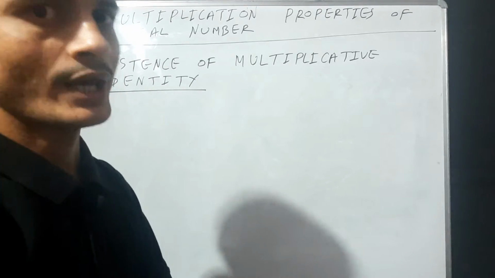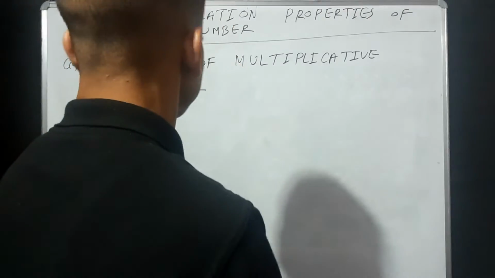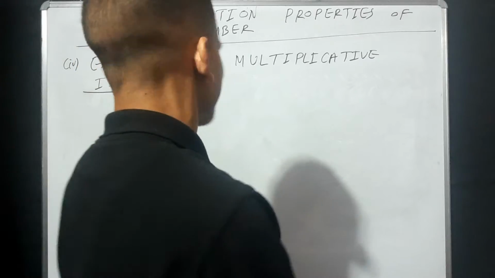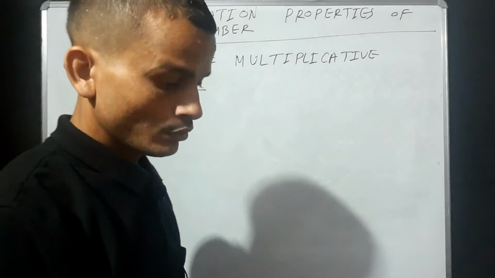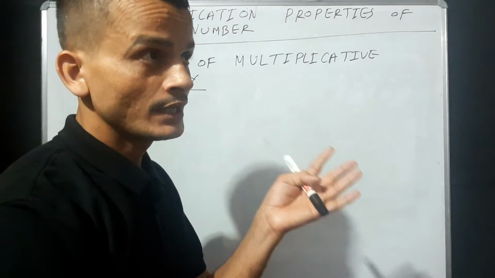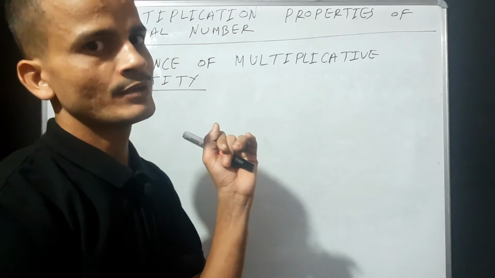This is known as the multiplicative identity of a real number.